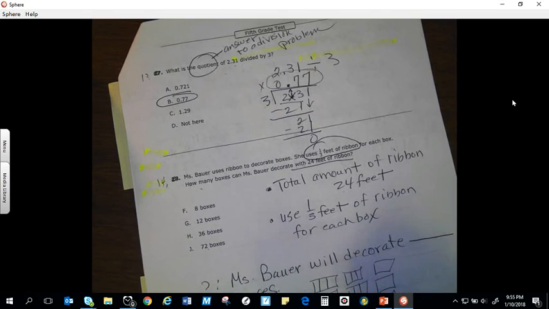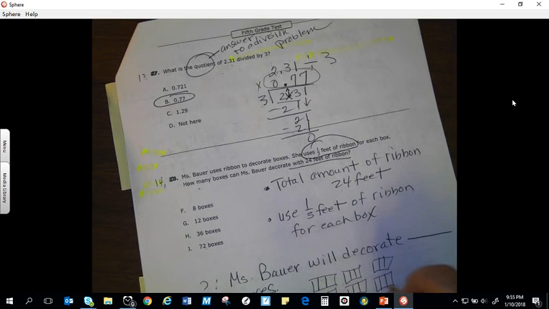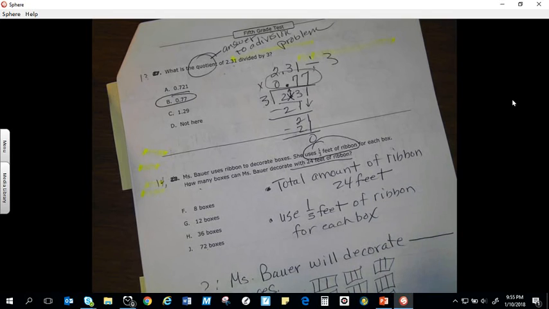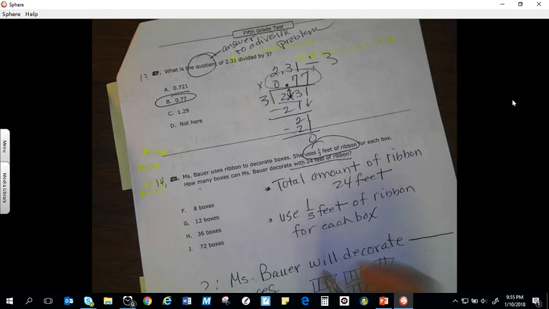Or you can solve the problem. Okay, and so now you can count each box.